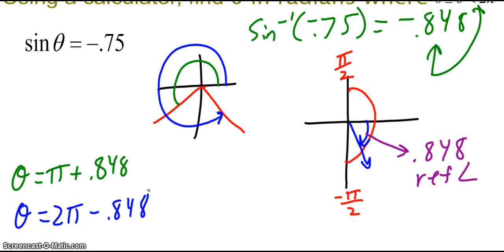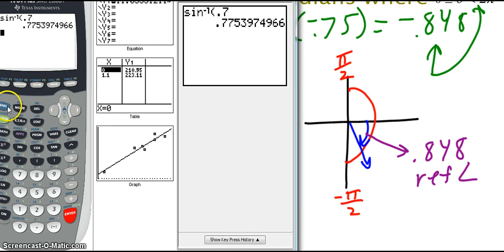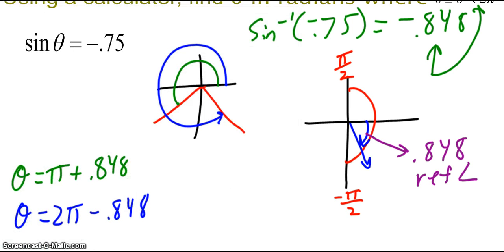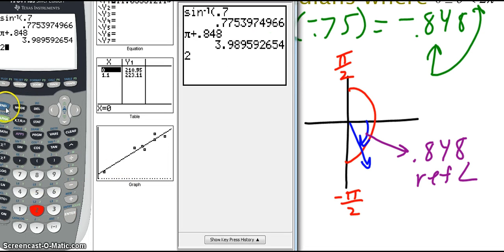And I can type those into my calculator and get an answer. So I get 3.990 and 5.435.